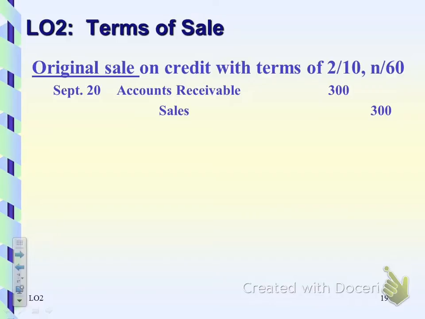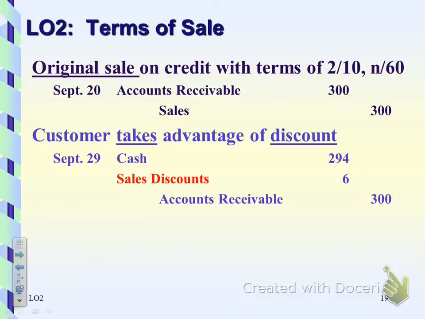We sold it on credit. If they pay within 10 days, how much of a discount are they getting? 2%. So it would be 2% off of the $300.